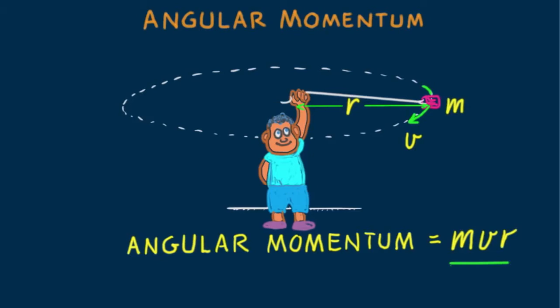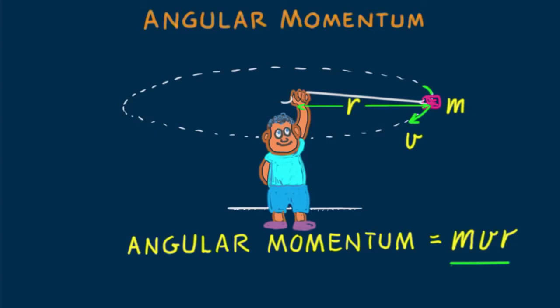That's angular momentum equals the product of mass times speed times radial distance. If we multiply the mass of the can by its speed and multiply this by its radial distance, that's its distance to the center of its circular path, we'll have the can's angular momentum.